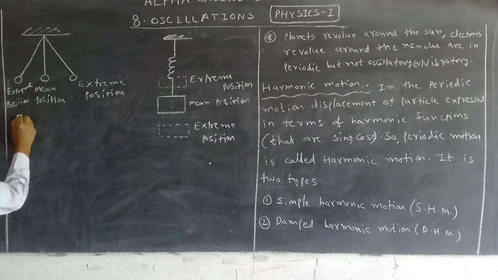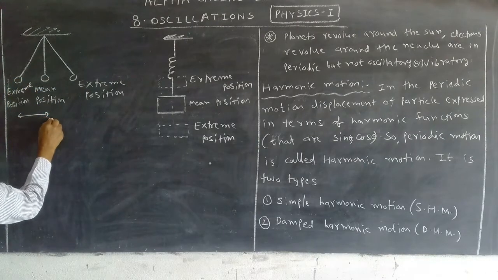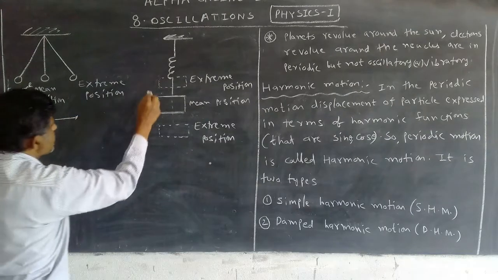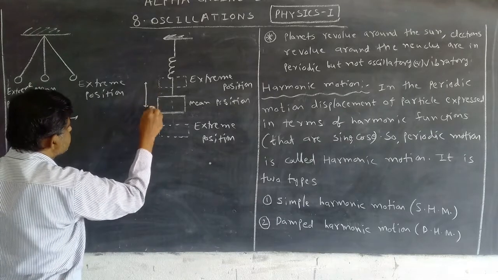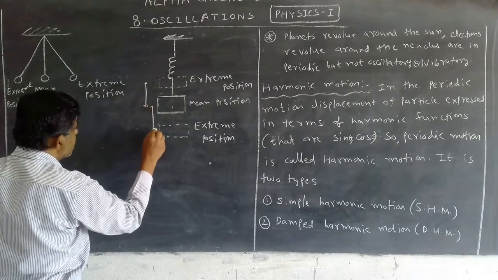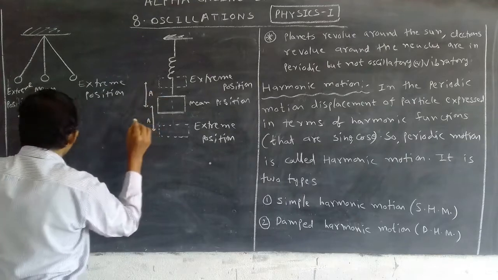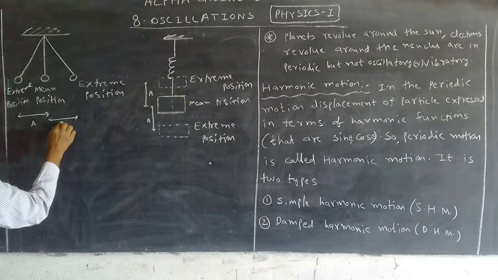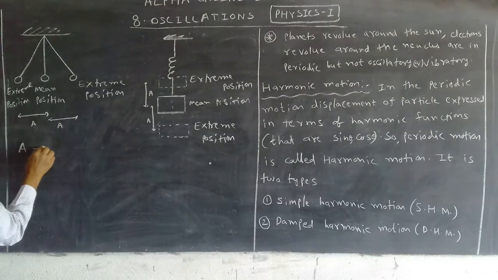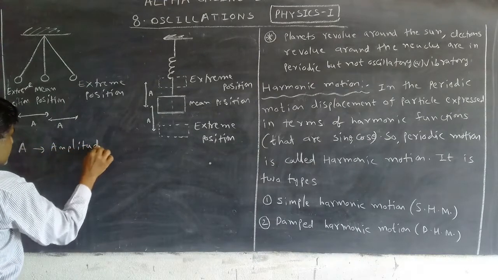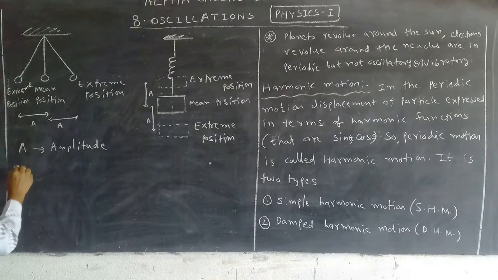Now, the distance from here to here, or from the mean position to the extreme position, is called A. What is A? Amplitude.